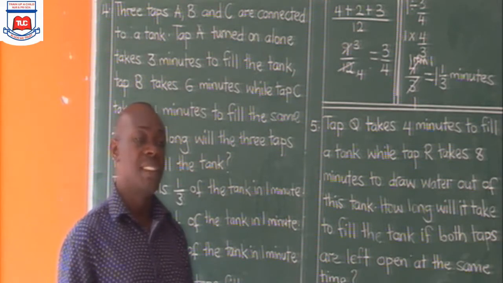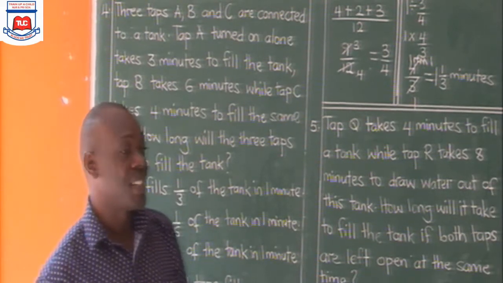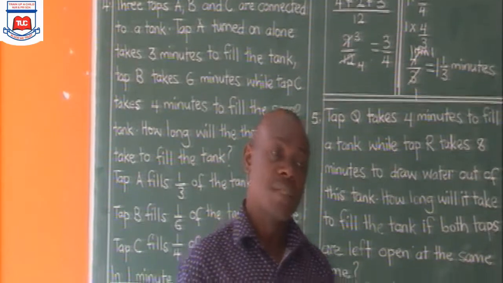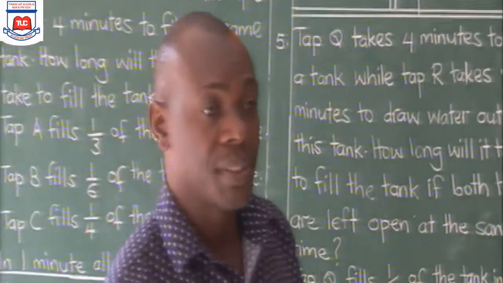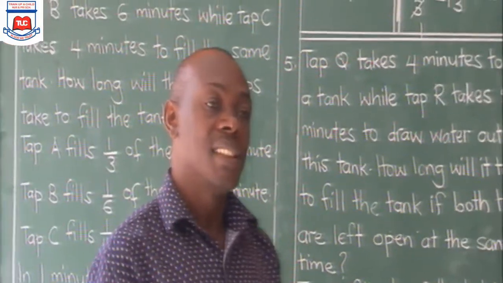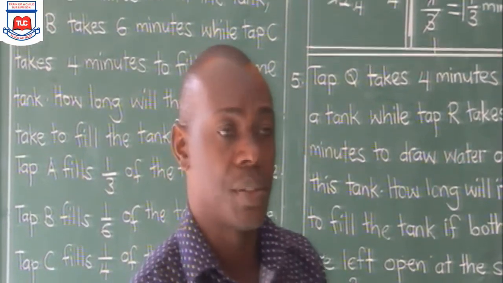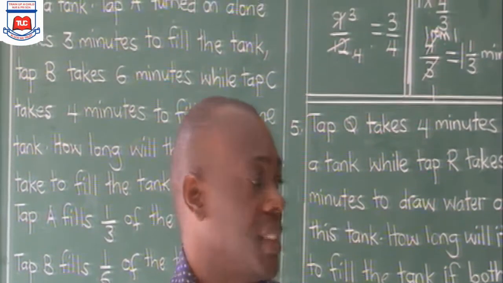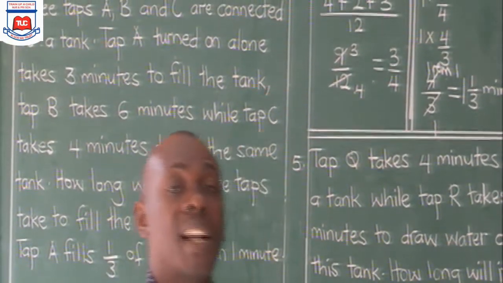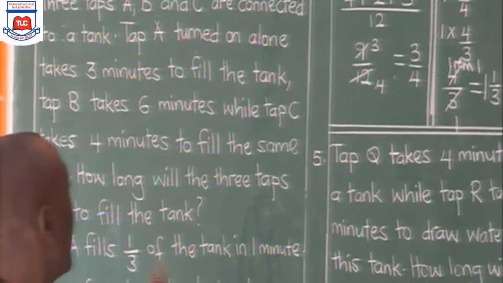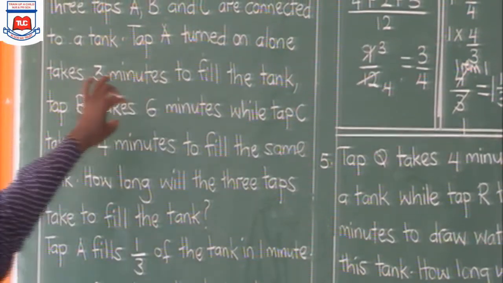When you open a tap connected to a tank, it releases water little by little. Hence, it is releasing a fraction of water in the tank. That's why you apply fractions here.